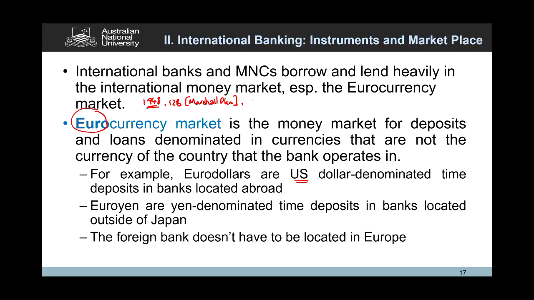Okay, so that created a significant flow of US dollars to London. That created a lot of demand for US dollar-based deposits at London banks as well as other European banks. And that created the euro currency market, to deposit the US dollar not in the US, but in a country that's different from the US, right?